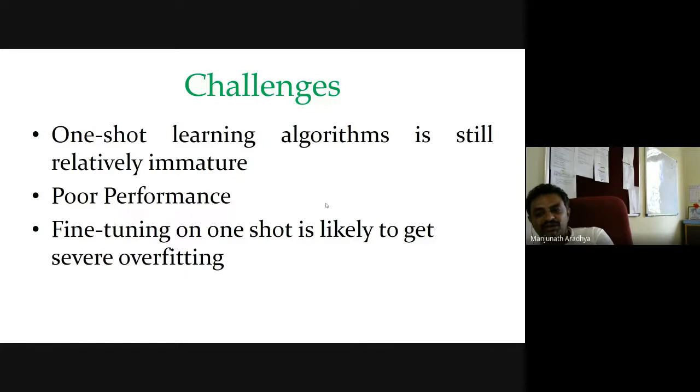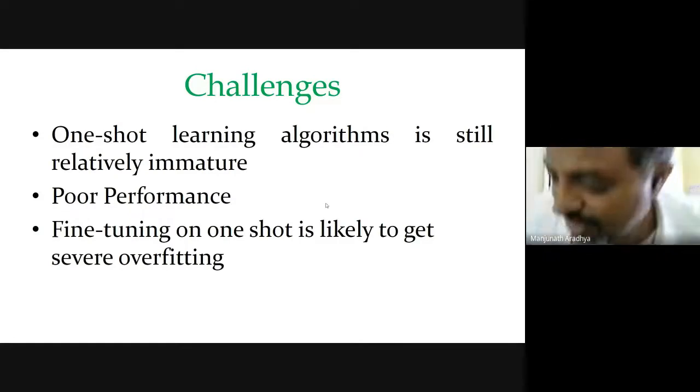And like I told, there are many other things you can do to improve this performance. You can work on data, such as pre-processing with data augmentation, or try to enhance your image. Or if you want to update the model or algorithm, of course, there is room for improvement. And fine-tuning on one-shot learning is likely to be severe overkill.